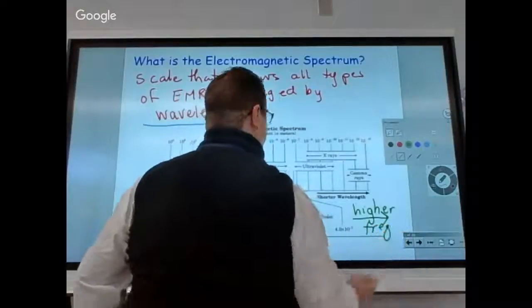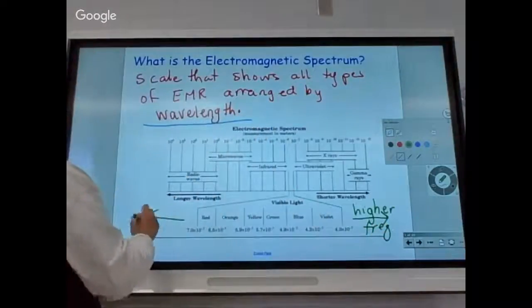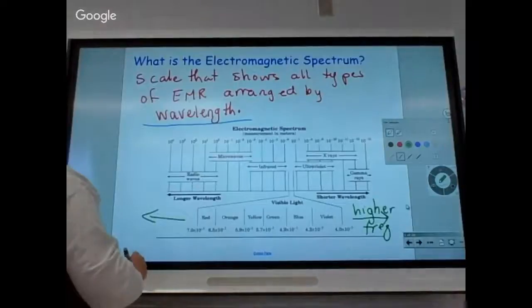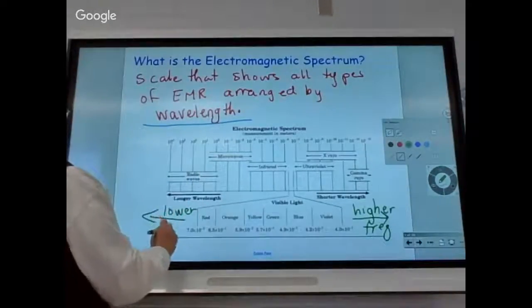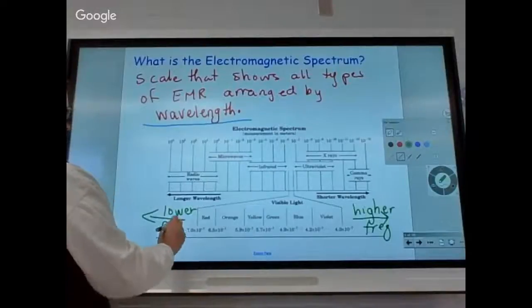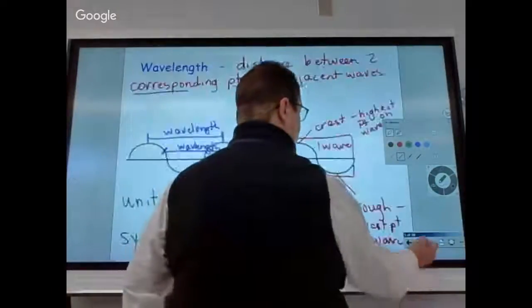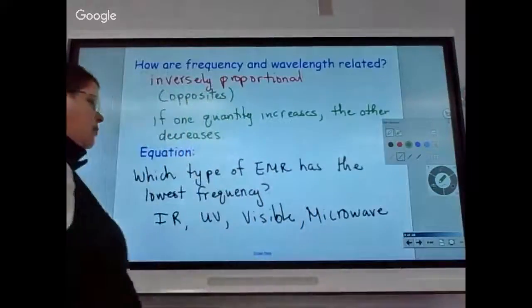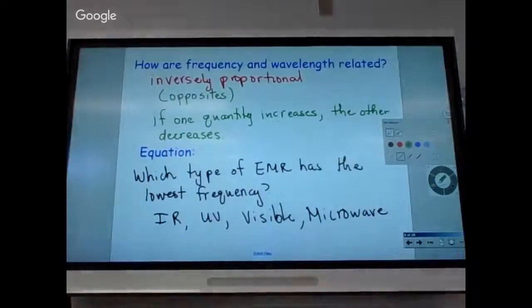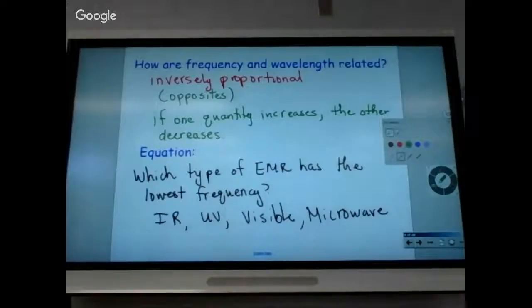You'll be borrowing mine on test day. Longer wavelength means lower frequency. And if you want, I'll write this in our notes in just a second. What were the choices that I gave you? IR, UV, visible, and microwave. When you look at those 4, which would have the lowest frequency? Microwave.